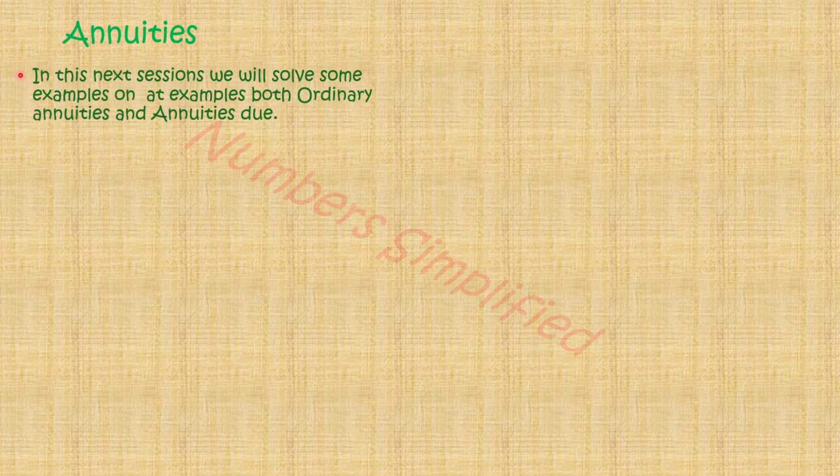It's just the intro, the theoretical part to annuities. However, in the next sessions, we are going to look at the annuities in detail with proper examples so that we appreciate what these are and be able to differentiate how to solve these particular problems.